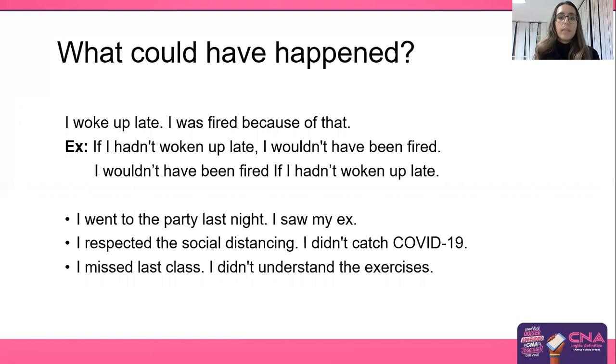You can start your sentence with the condition or with the consequence. The only difference is when you start with the condition, you have to separate condition and consequence using a comma. And when you start with the consequence, you don't separate the sentences with a comma.